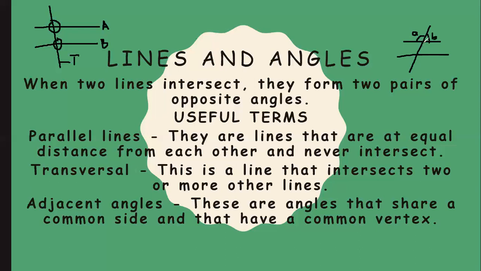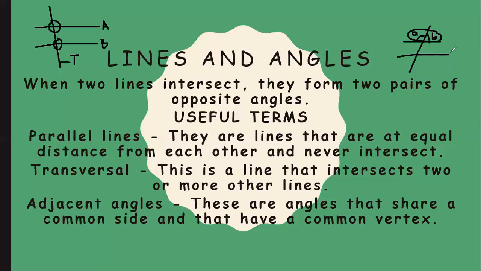Looking at this, you realize that angles A and B are on the same common side. That is, they lie side by side on each other. And for that reason, angles A and B are called adjacent angles.